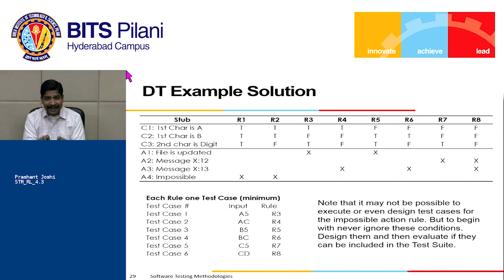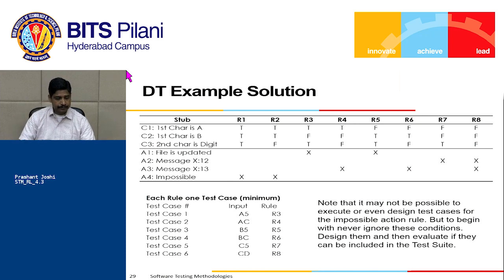I think appreciating that depth would allow you to understand how representations of conditions can be done. So that's how the char is A or B is not considered, but we have got first character as A and second character as B. The third condition is second character is a digit.